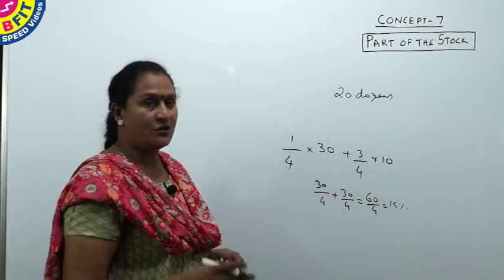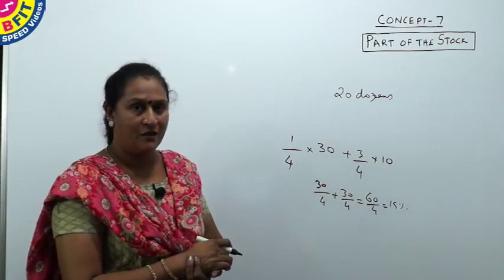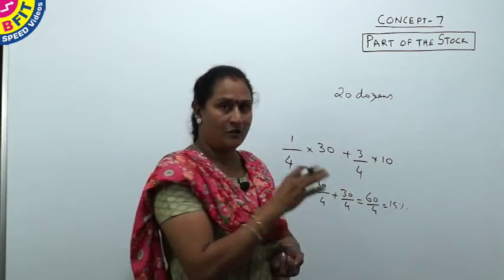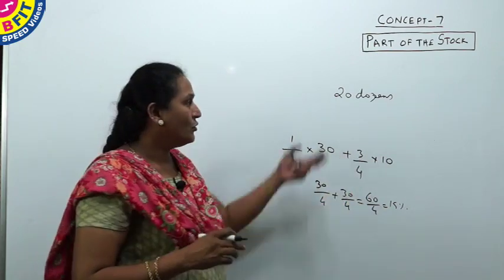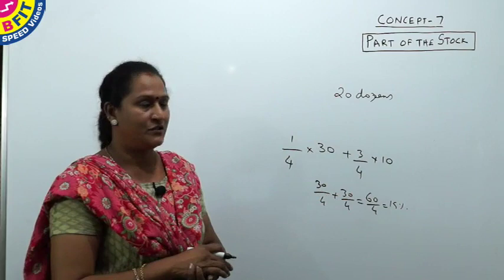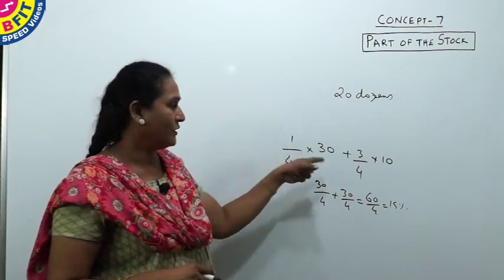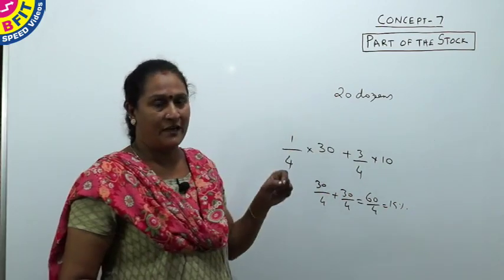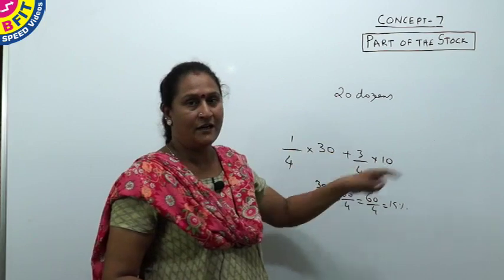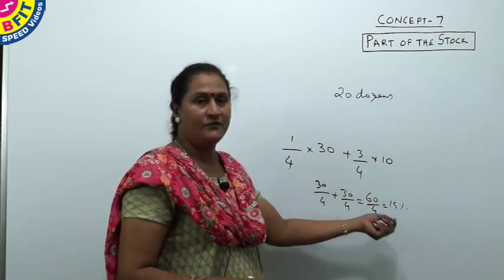So when part of the stock is known, we can easily find the overall profit percent, or if the overall profit percent or loss percent is given, we can find the remaining part also. No need to consider the worth of the stock. Here out of 20 dozens, 1/4 of the stock at 30%, the remaining 15 dozens will be 3/4 of 20, so 3/4 of the stock at 10%. So we can easily find the overall profit percent as 15%.